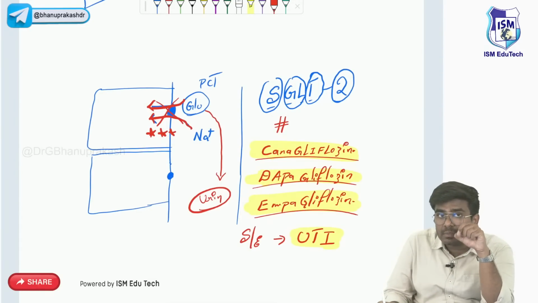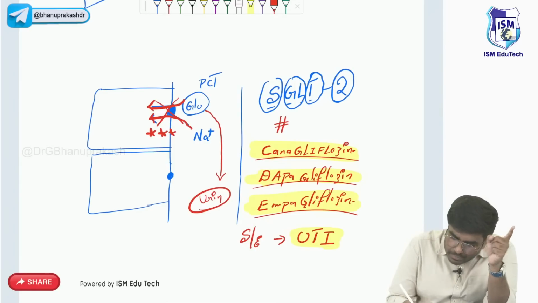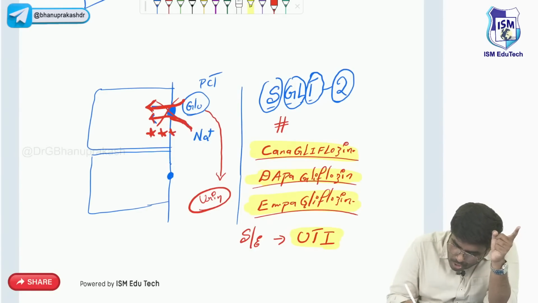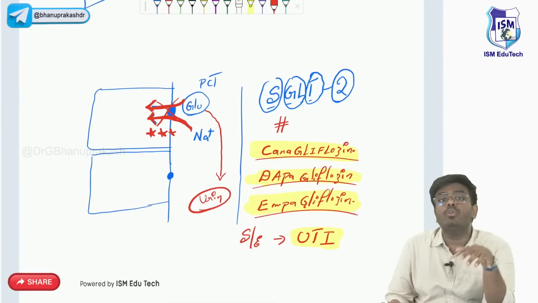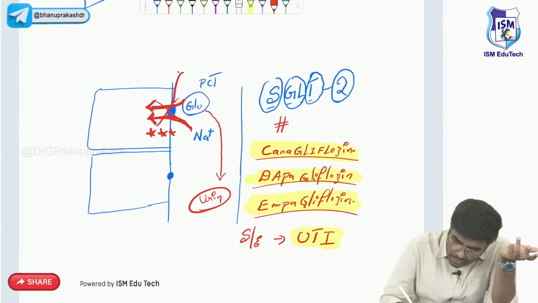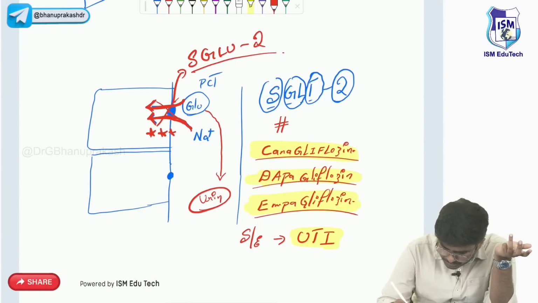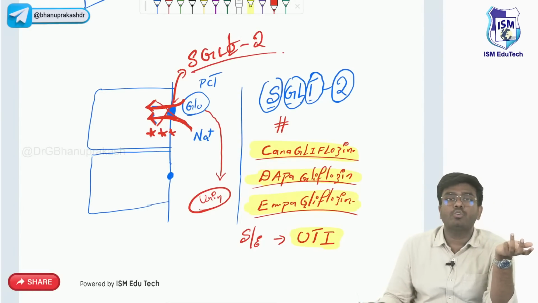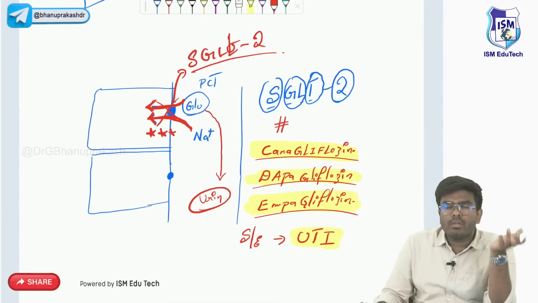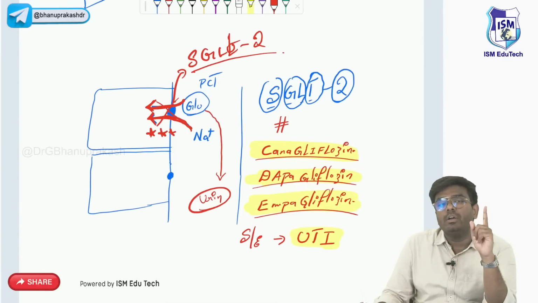So that much important question. All the time glucose is reabsorbed along with the sodium. This is the sodium glucose co-transporter. The transporter name is sodium glucose co-transporter type 2, SGLT2. Now sodium is moving along with the glucose.